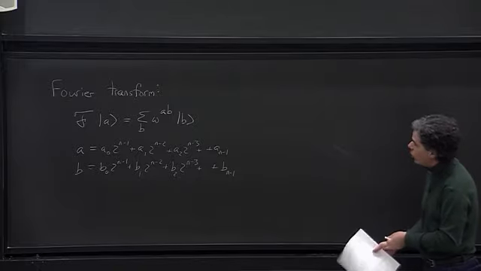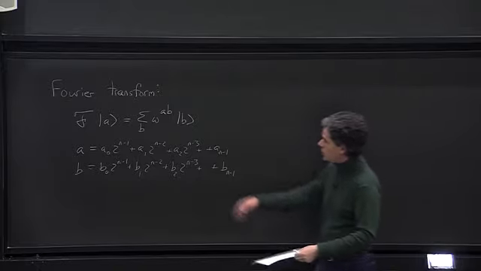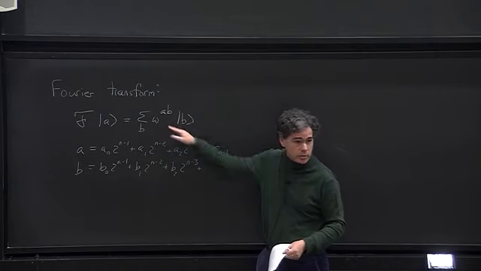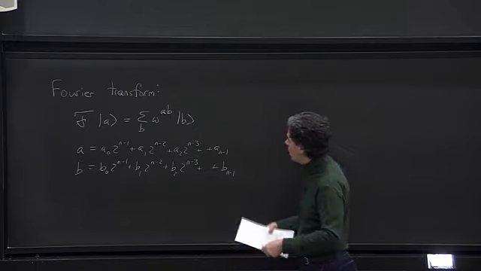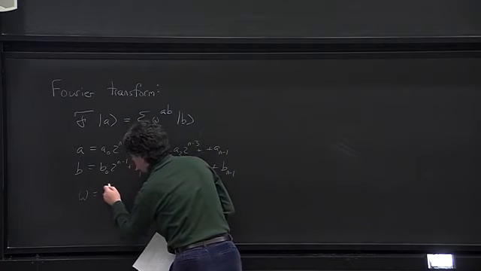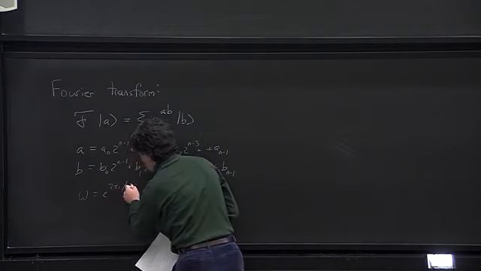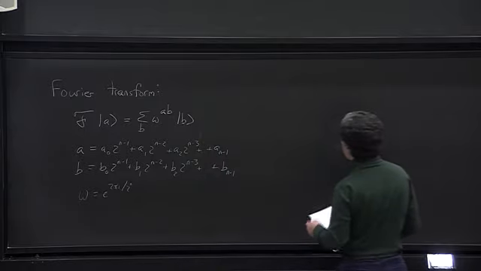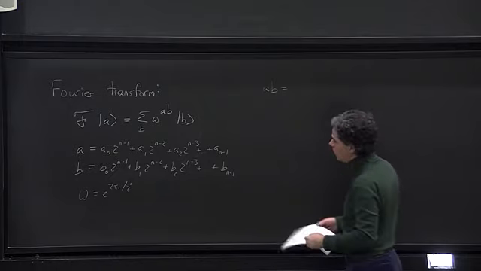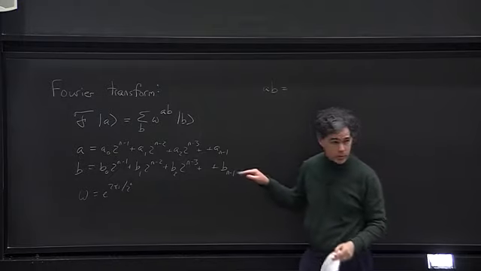OK, so what we're going to need to calculate is this product ab and stick it somehow into the exponent. And let's say omega is e to the 2 pi i over 2 to the n. So what is ab equal to in terms of this binary expansion?